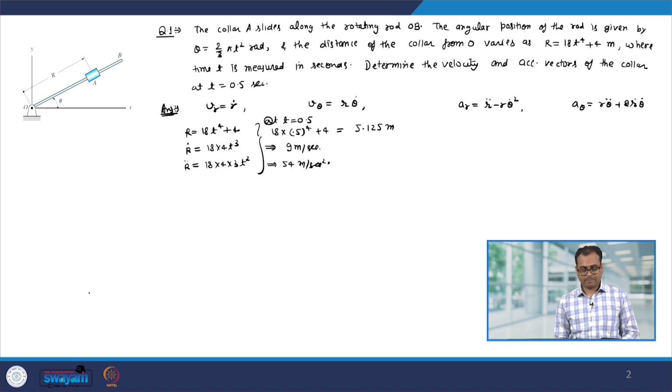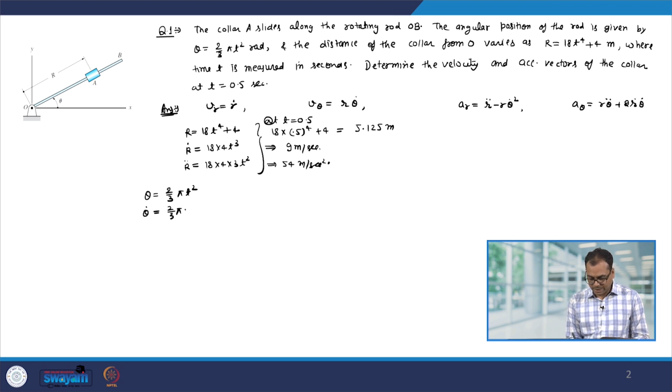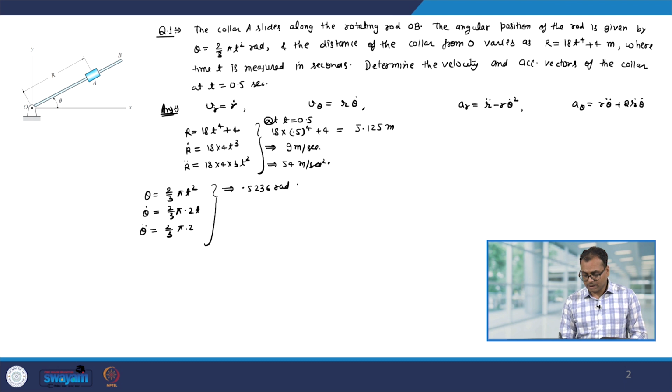Now, let us find out theta dot and theta double dot, because that is required to find out the velocity and acceleration. So, it is given that theta is equal to 2/3 pi t square. Therefore, theta dot will be 2/3 pi into 2 t and theta double dot will be 2/3 pi into 2, and again at t equal to 0.5 second, theta becomes 0.5236 radian, which you can convert into degree.